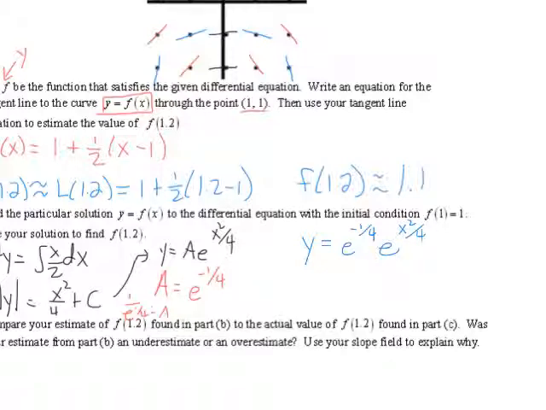And they want us to use this to evaluate f of 1.2. So we can stick 1.2 into this equation, and we find that f of 1.2 is approximately 1.1162.